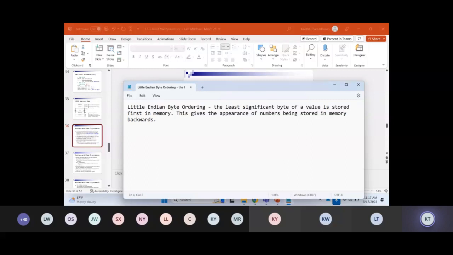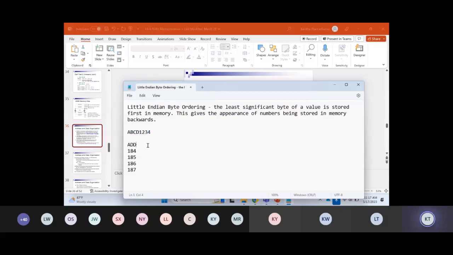For example, this is the memory address, we have memory addresses 184, 185, 186, 187. If I ask you to store a value, let's say A, B, C, D, 1, 2, 3, 4, for example, I ask you to store this value into the memory.